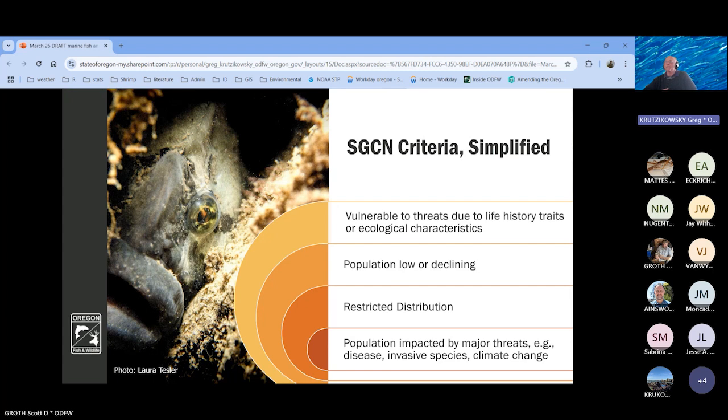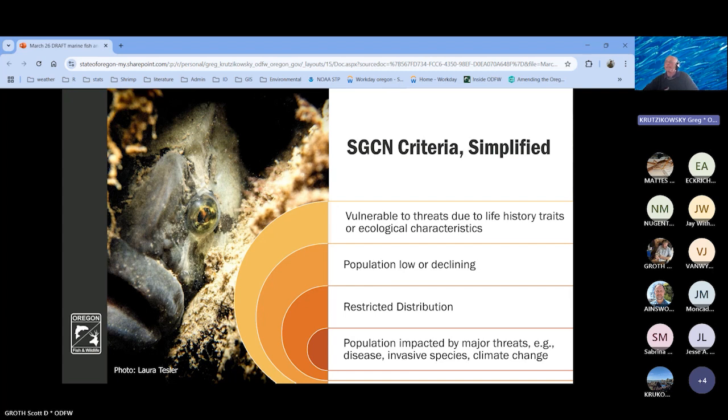In previous iterations, different criteria were used for different taxonomic groups, which can become confusing. The end result was 4 criteria were applied to all potential SGCN, and species assessed must meet 2 or more of those 4 criteria to be included as an SGCN.